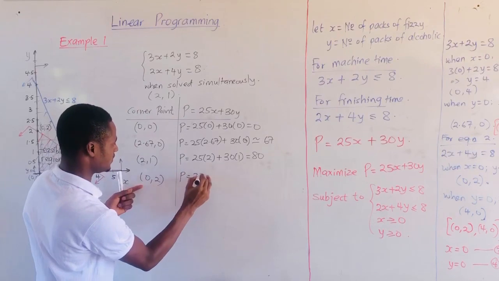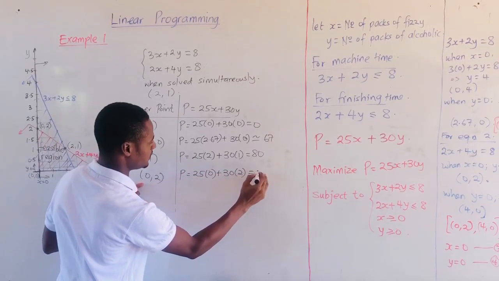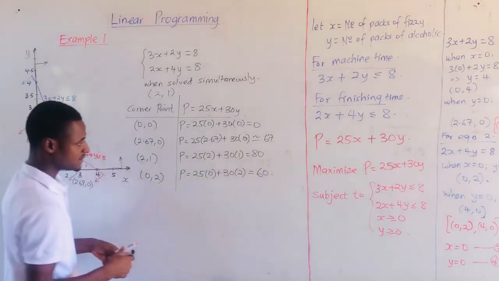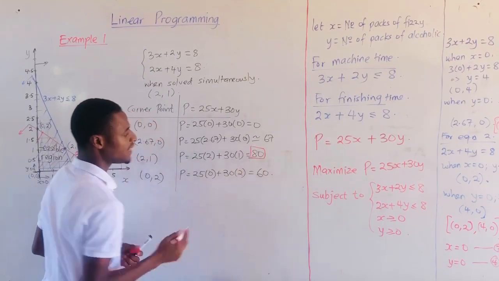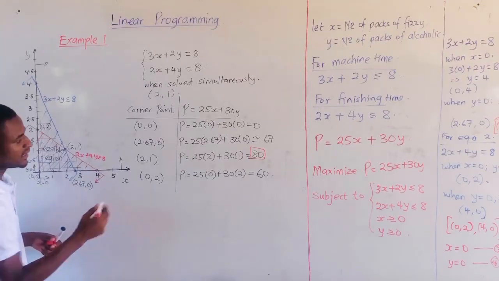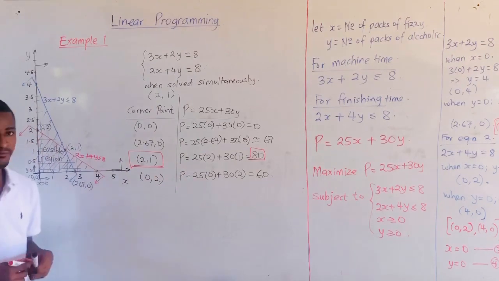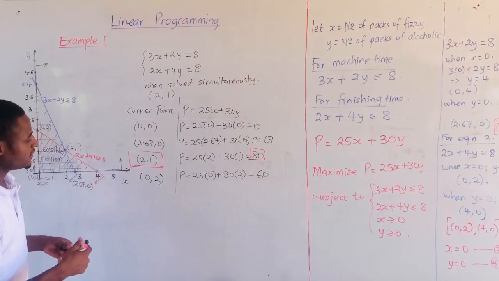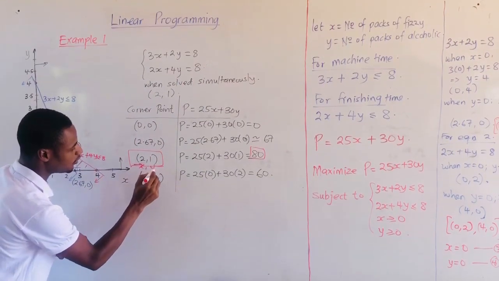And the last one, this is 60. So from here, we will realize that our maximum profit is 80 Ghana cedis per station, and these are the values that give us our maximum profit of 80 Ghana cedis. x is the number of packs of fizzy drink, and y is the number of packs of alcoholic drink.